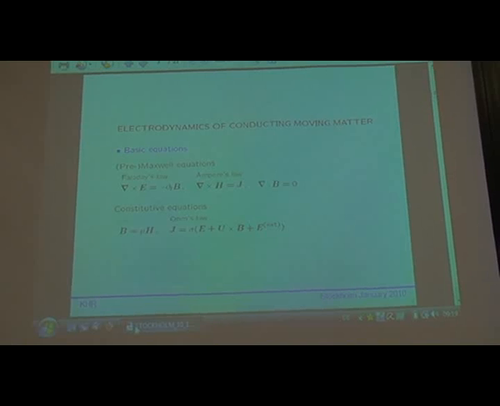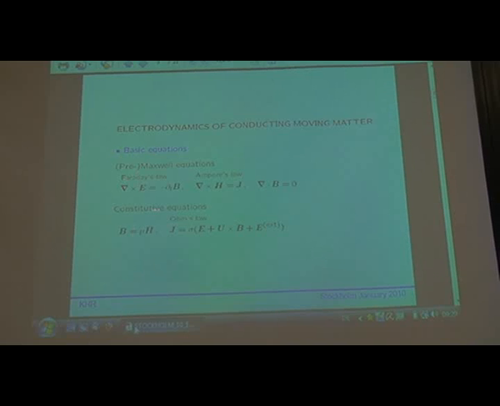magnetohydrodynamic approximation. That means mainly sufficiently high electric conductivity and non-relativistic velocities. That means velocity over velocity of light, or all terms in the square of this quantity are neglected.